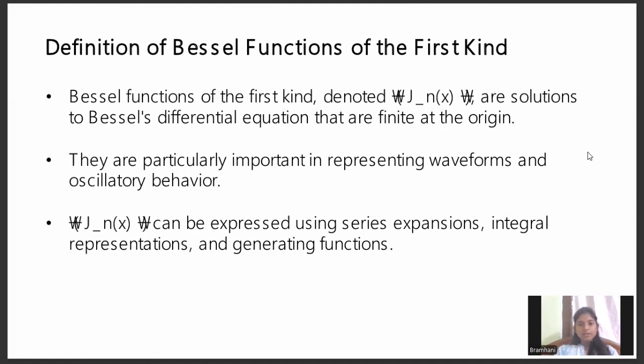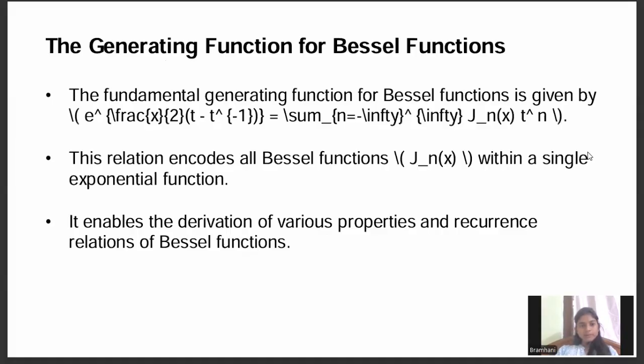Definition of the Bessel function of the first kind. Bessel functions of the first kind are the solutions to Bessel's differential equation that are finite at the origin. They are particularly important in representing waveforms and oscillatory behavior. They can be expressed using series expansions, integral representations, and generating functions.